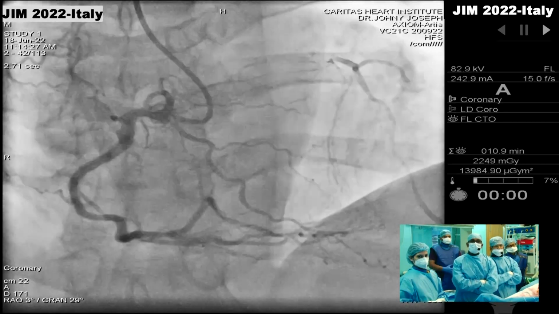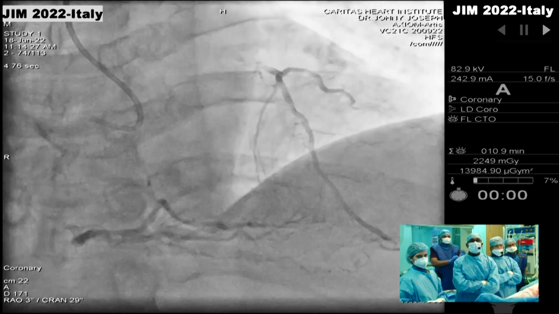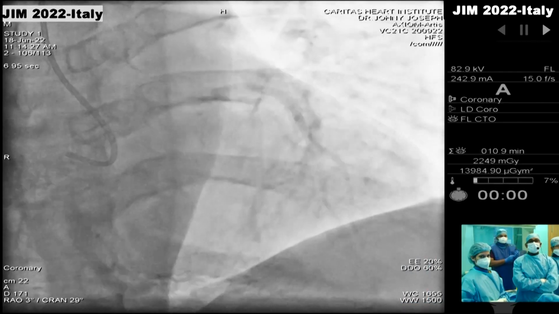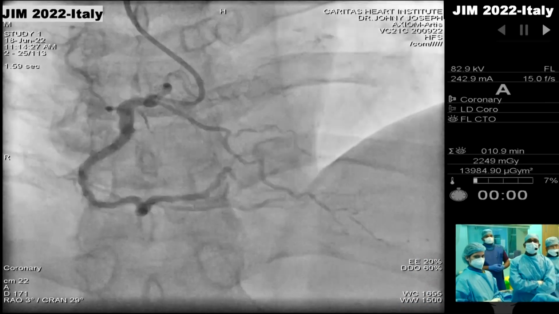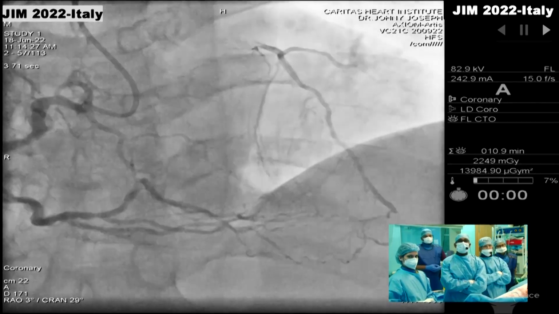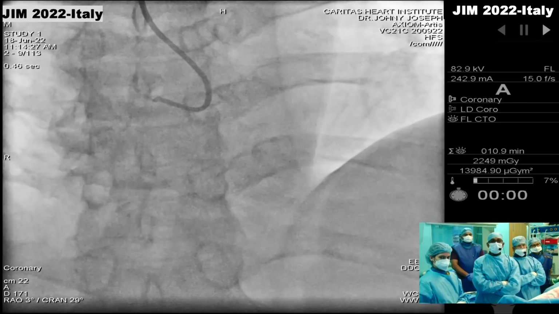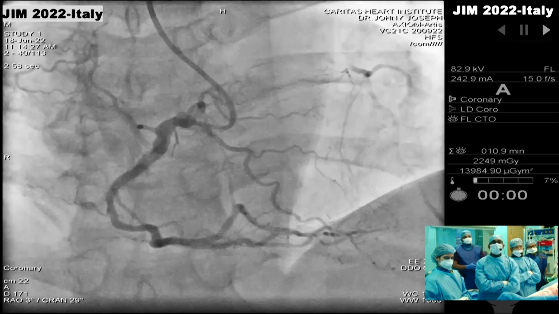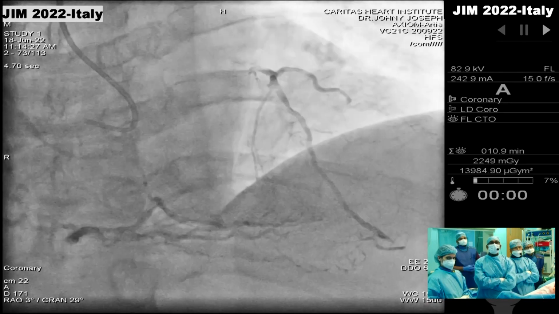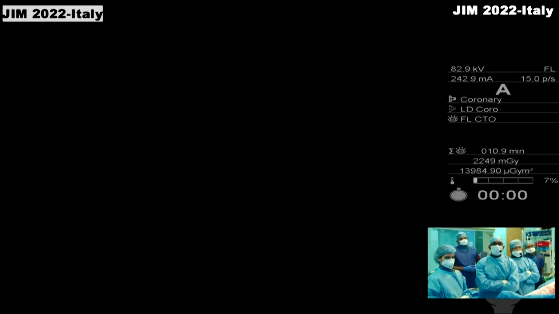It's retrogradely seen from the right coronary artery, and you could also see that there is a large diagonal there, and beyond the diagonal branch in the LAD, there appears to be mild diffuse disease. However, in this view, there appears as if there is no critical stenosis of the left anterior descending artery beyond the diagonal branch.